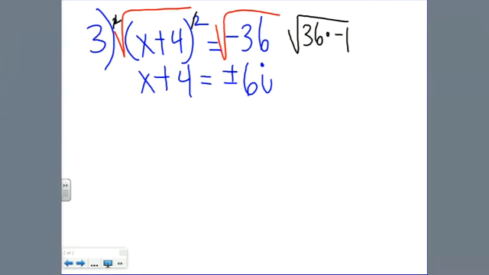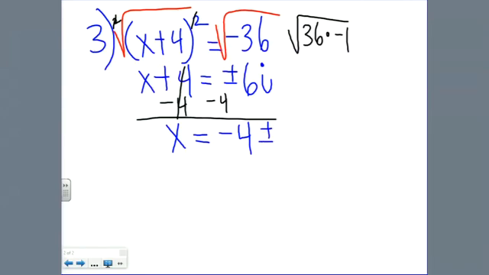Now the final step to isolate x, subtract 4 from both sides. So our final answer is x is equal to negative 4 plus or minus 6i.